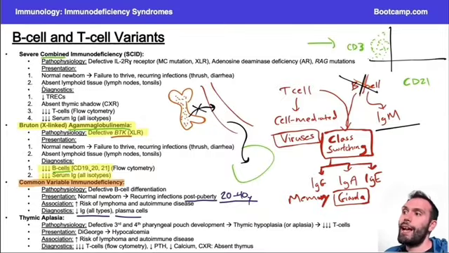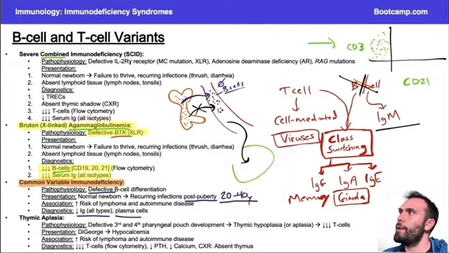However, the issue is that the B cells don't work correctly. So I have B cells in the bloodstream, but they can't produce antibodies. They can't turn into plasma cells in these patients. That's the big difference between these two: one, we have no B cells; the other, we do have B cells, they just don't work correctly.